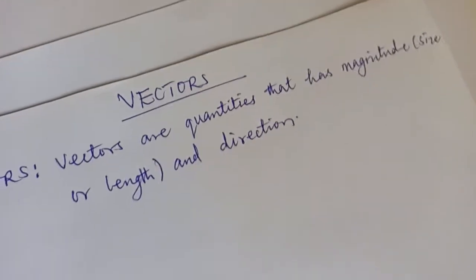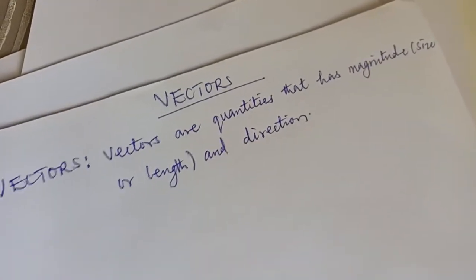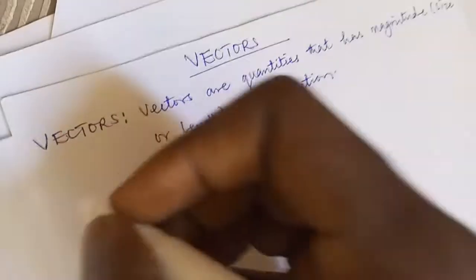So any quantity that has magnitude and direction is known as a vector quantity.